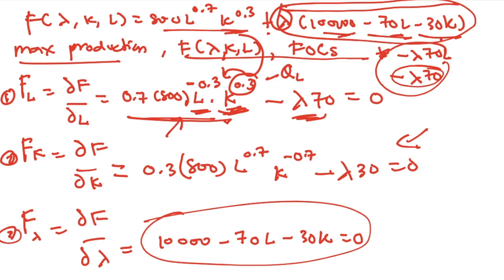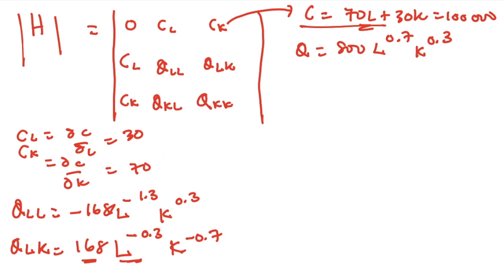Next, you do the same for QKK. Here, QKK, you're going to get minus 168 times L to the power of 0.7 times K to the power of minus 1.7.